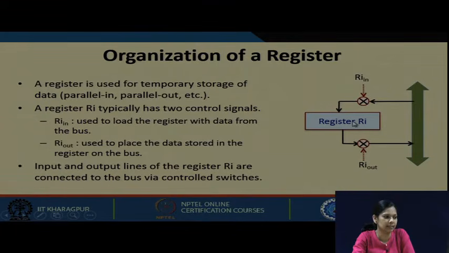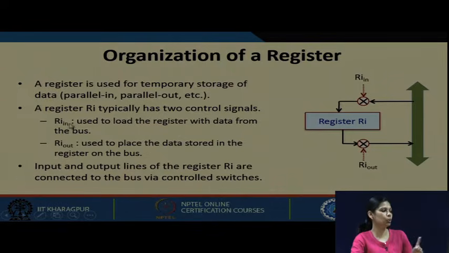Next, we also sometimes require the data from the register to come out onto the bus and then go somewhere else. What is the control signal required for that? The control signal required for that is Ri out. So, Ri out will place the value from this particular register Ri onto the bus.